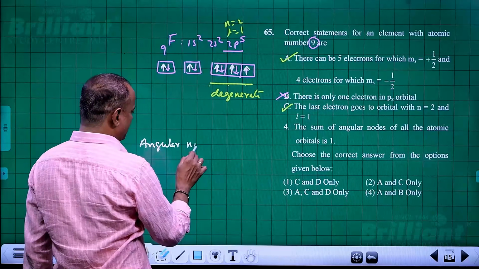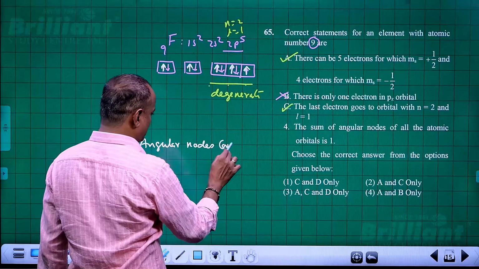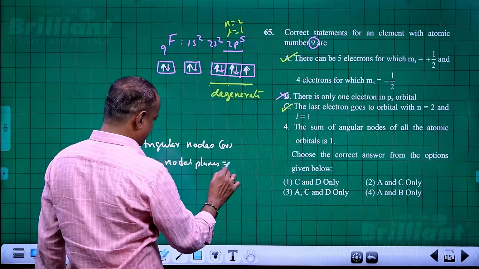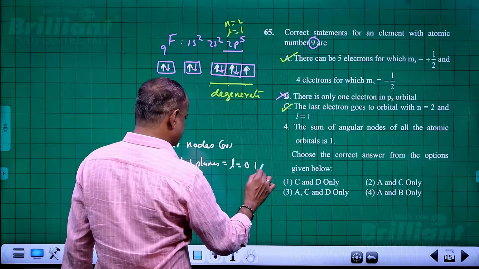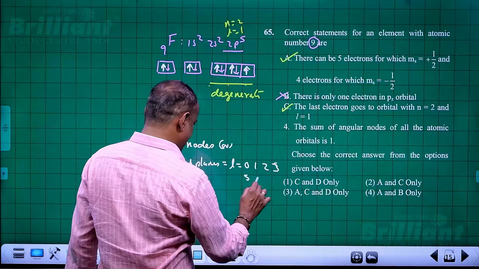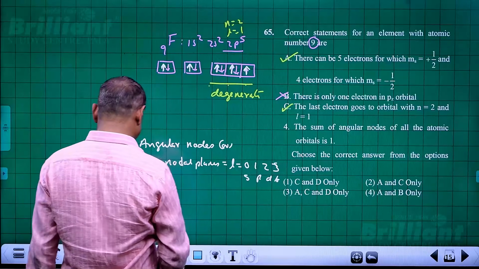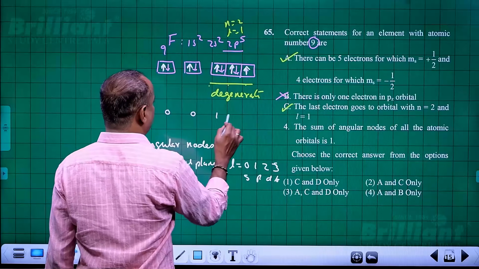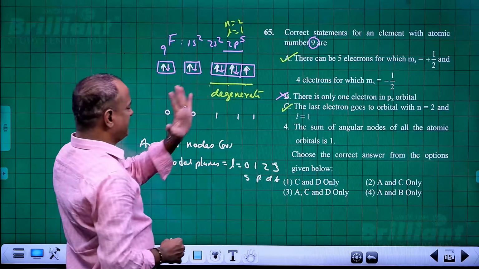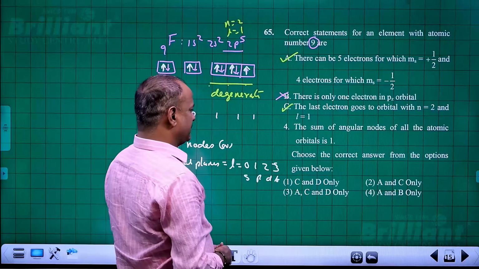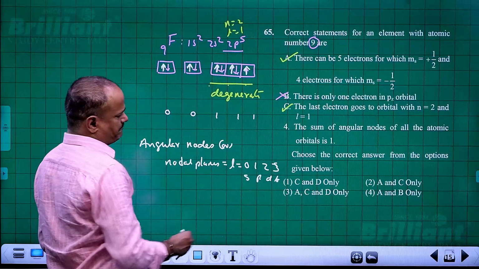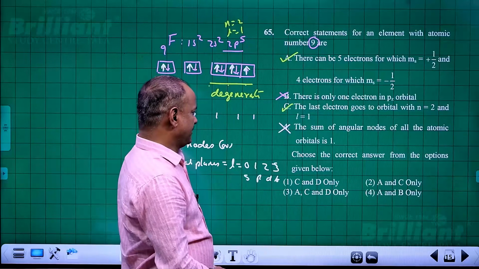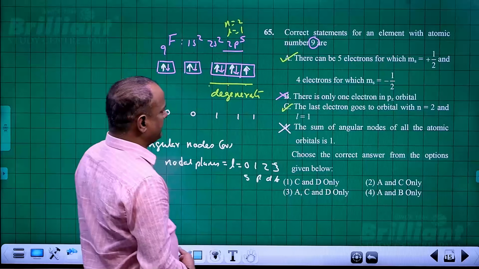Angular nodes are also called nodal planes, equal to the l value: 0, 1, 2, 3 for s, p, d, f. So 0, 0, 1, 1, 1, because px, py, pz are 3 orbitals. So the sum is equal to 3 but not 1. So this is not correct. The other side, D statement. So A and C only are correct.